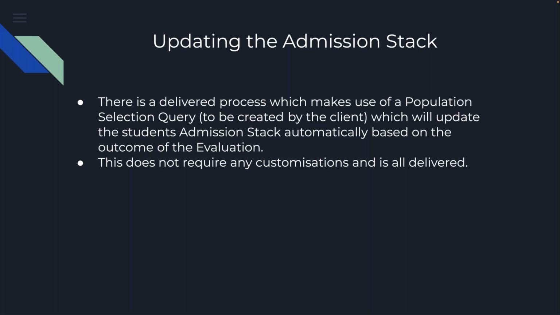So that's really how the loop then gets closed eventually, without the need then to customize and further write everything back to the admission stack. So it's really as simple as just a pop select query. Okay, so that was just my 2 cents there.